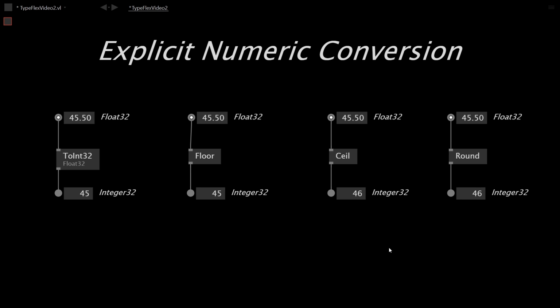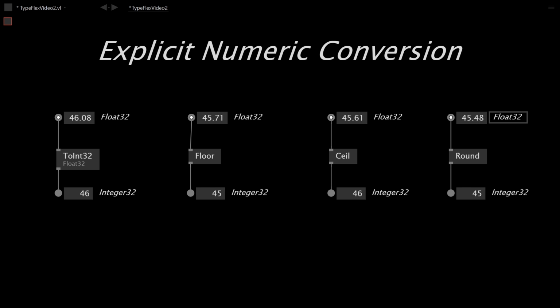Also like to point out that if you're converting a float to an integer, one of the most common conversions, there's more than one way to shake this sauce bottle, which is you can use the regular 2int32, which just seems to take the integer part. And there you go. But floor, which actually does the same thing, but you're specifically saying, I want you to round down. Ceil, short for ceiling, saying, I want you to round up.